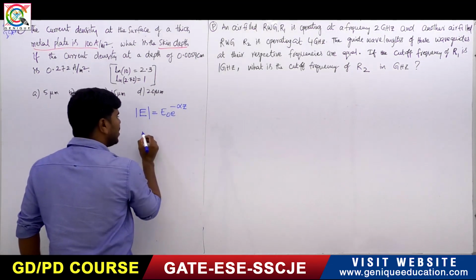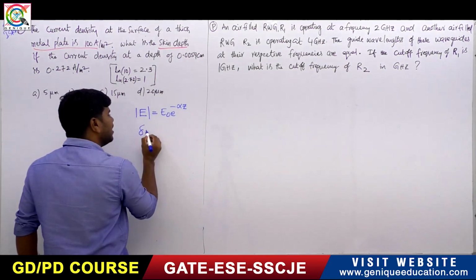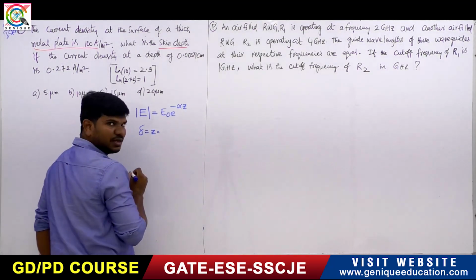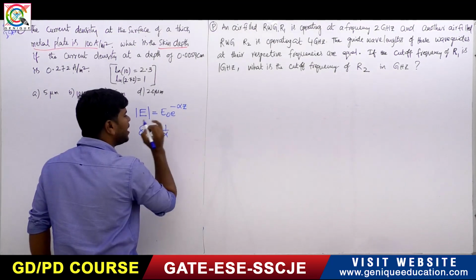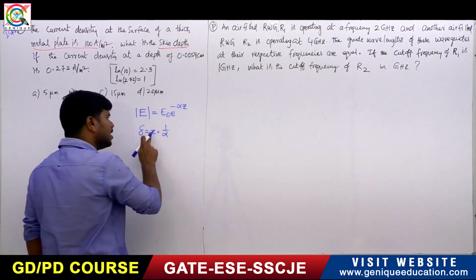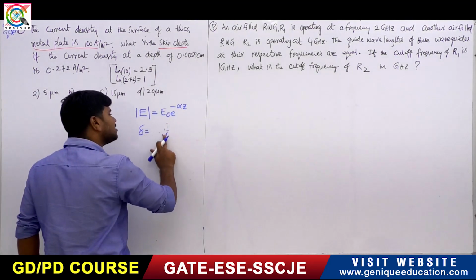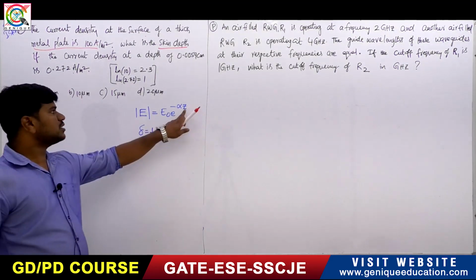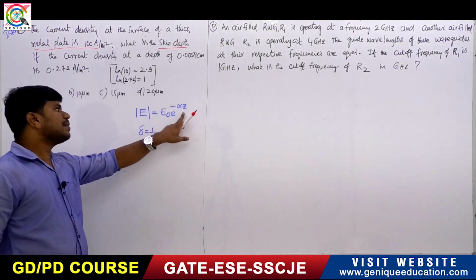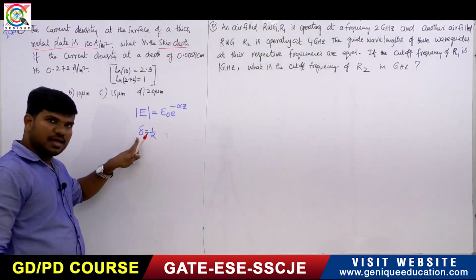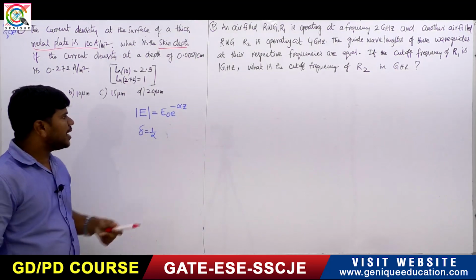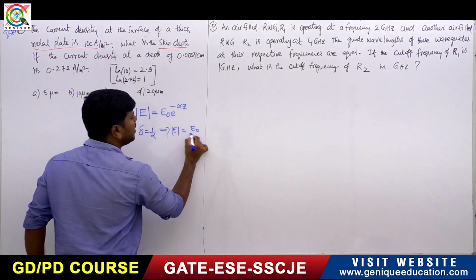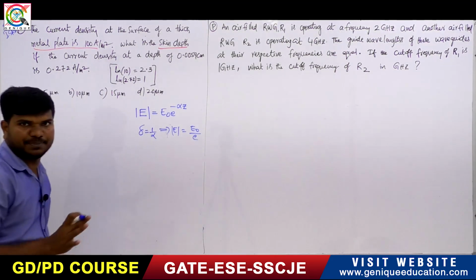Delta, represented with z, is equal to 1 by alpha. It is a distance only. If z equals 1 by alpha, that is called delta, and the amplitude becomes E0 divided by e. This is called the skin depth.